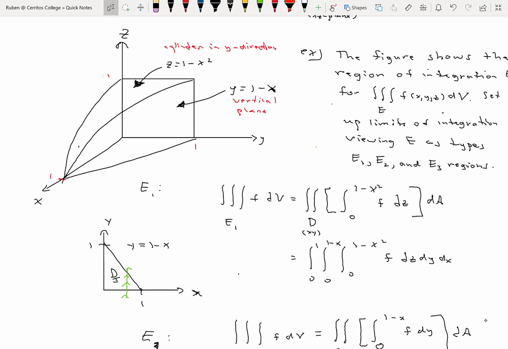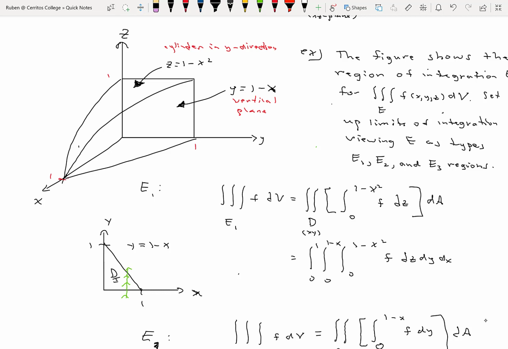For part of my surface, I have the cylinder, the parabolic cylinder in front. For the other part of my surface, I have the vertical wall, the vertical plane in front.